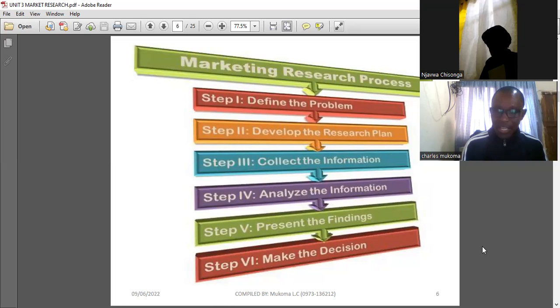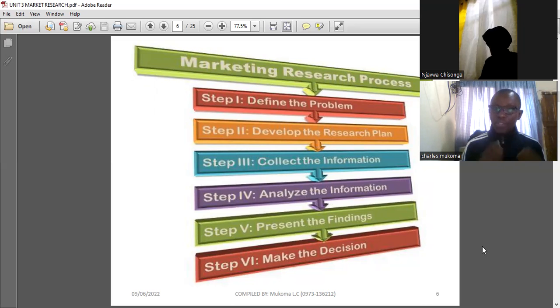It is the same thing that you'll be following. The process is just almost the same. We just change the elements or the ways that we are putting in. So you first define a problem. What is your problem? For instance, our problem is sales have been reducing. Okay, they are decreasing. So that is a problem.